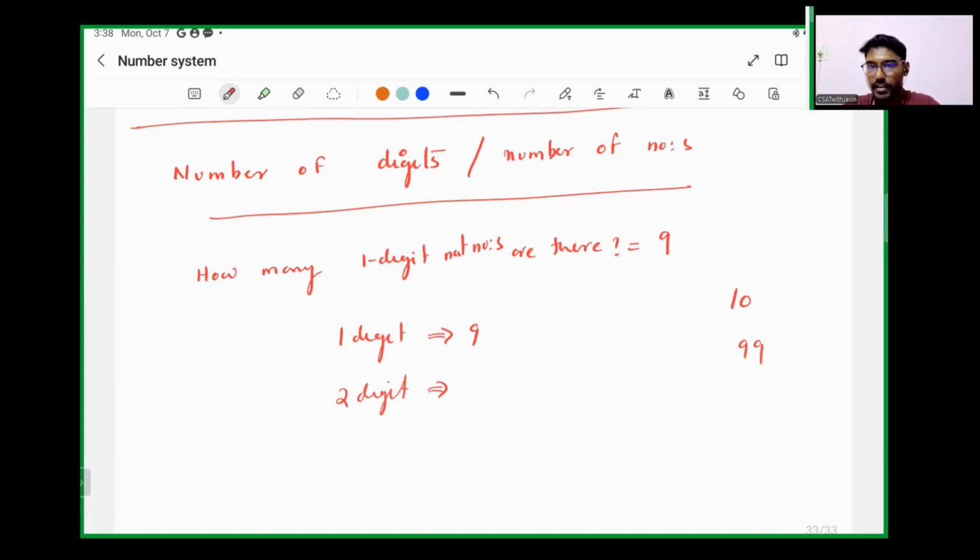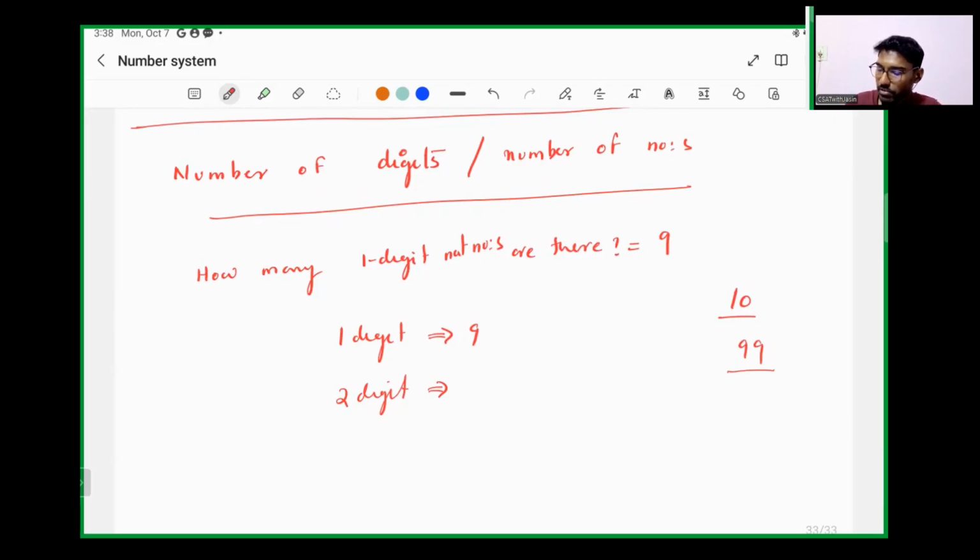So two of you told 90. Now, if I ask you how many numbers are there from 10 to 99, some of you have a tendency to do 99 minus 10. 99 minus 10 is 89. So you might say that there are 89 numbers, but that's not true.